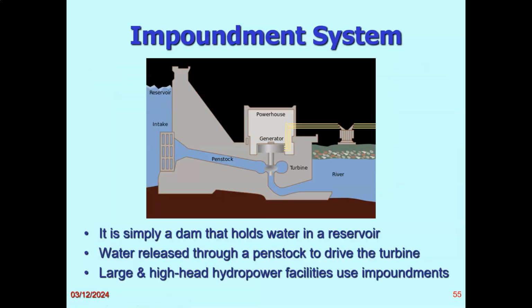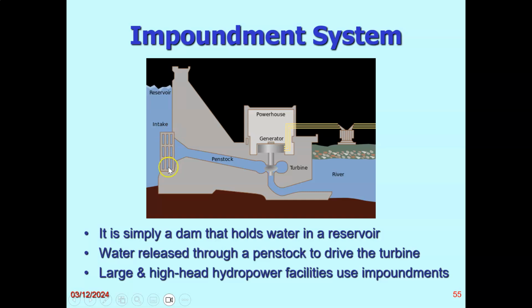This is another example of an impoundment system, which is partially hidden in the ground. You have here the intake.